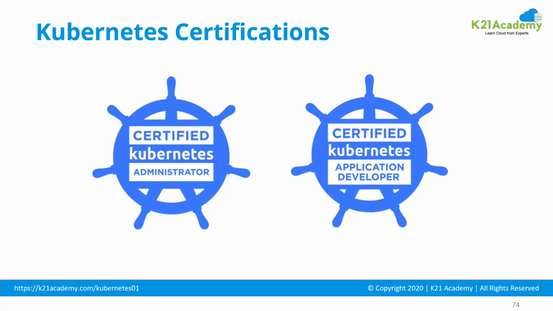There are 2 certifications as of August: Certified Kubernetes Administrator and Certified Kubernetes Application Developer. Administrator, as the name suggests, is targeted for admins and architects, whereas developer is targeted for developers as well as testers and also for enterprise architects. Now, there's a 3rd certification coming in November, which is for security professionals. We'll talk about that later in one of the future episodes.